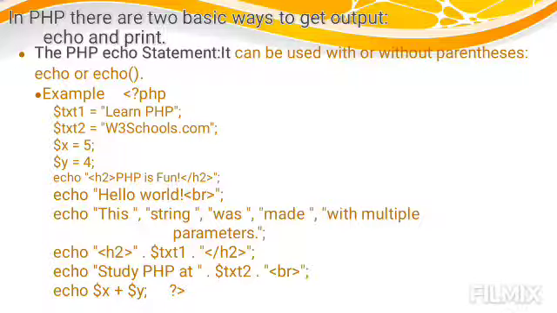We can use the echo statement with or without parentheses. Echo hello world prints hello world on your document window. Echo this, comma, string, comma, was, comma, made, comma, with multiple parameters. This indicates that the string 'this string was made with multiple parameters' will be printed on your screen.